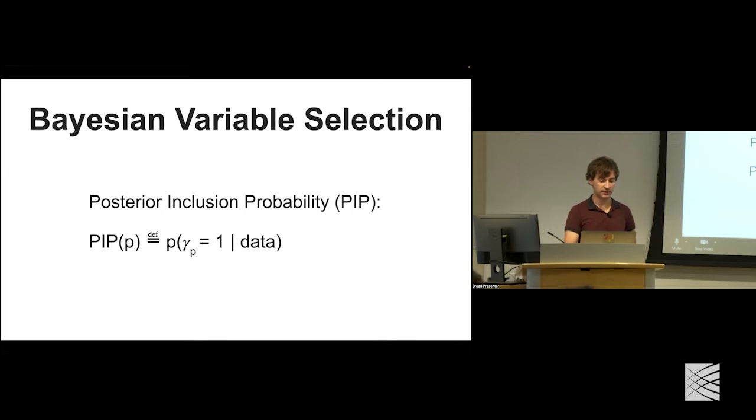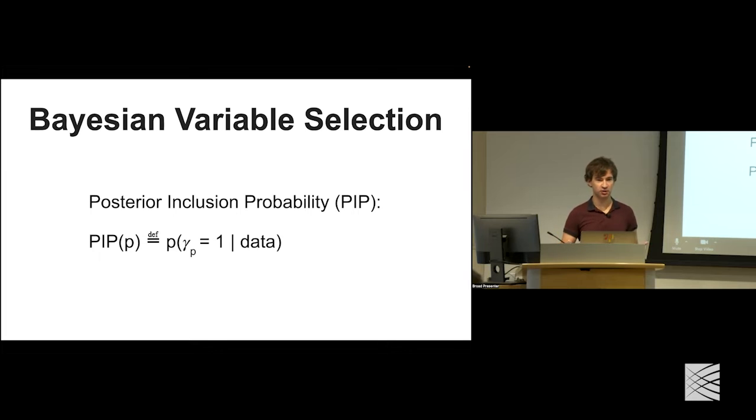So if the PIP is very large, like 0.99, what that means is that in 99% of the models that are in the posterior, that covariate is included, right? So it's sort of needed to explain the data.